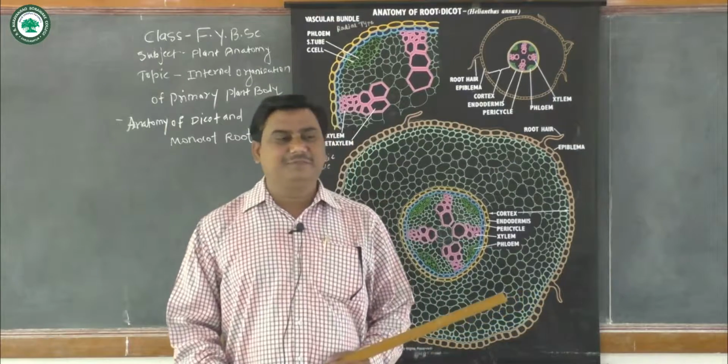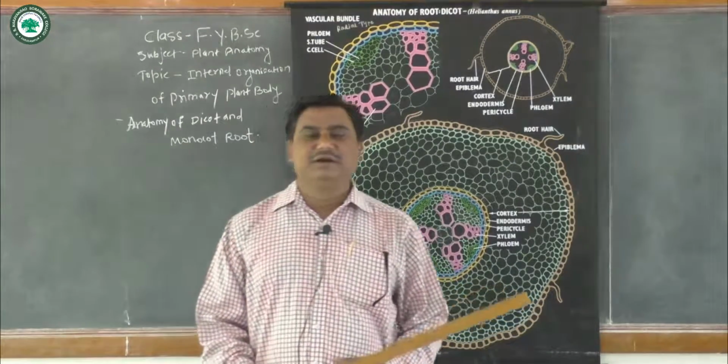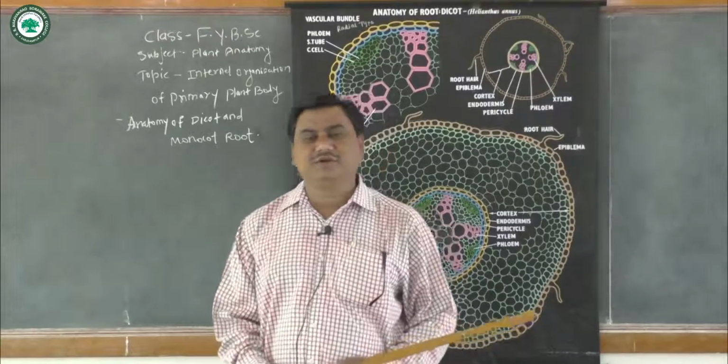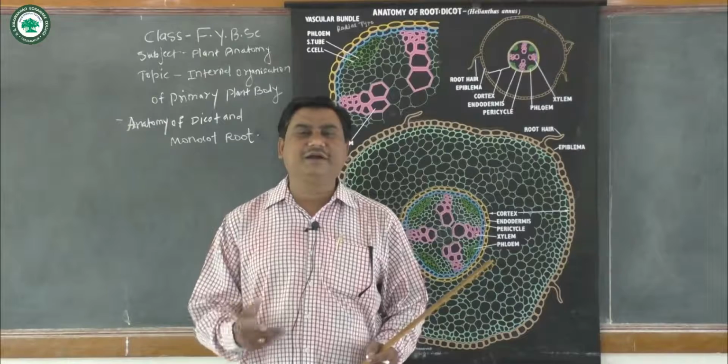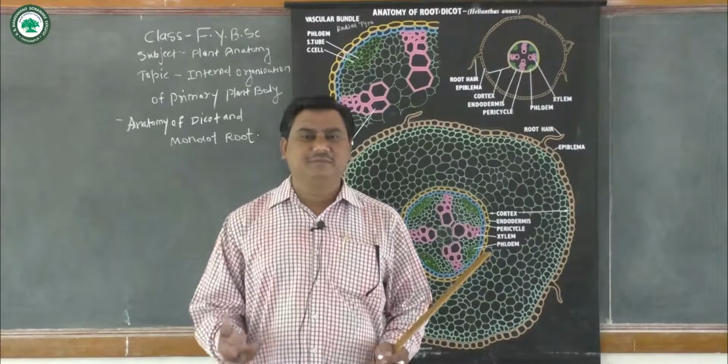So the primary plant body, whether in terms of the root, the shoot, or the leaves, we call the primary plant body.